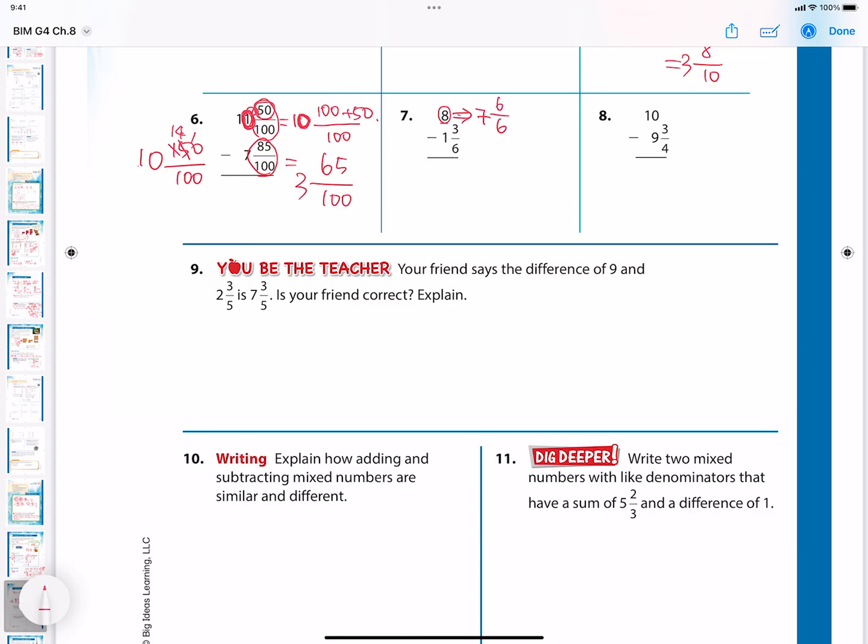Now you have enough to take away 3 over 6 from 6 over 6, which means what? You have 3 over 6, and then 7 take away 1 is what? 6. So you have 6 whole pies, and 3 over 6 pie is left behind.